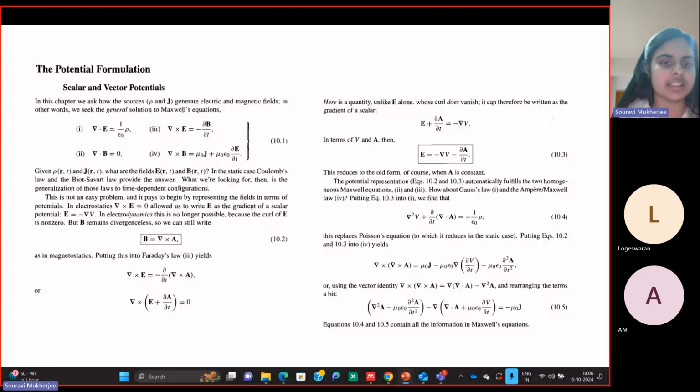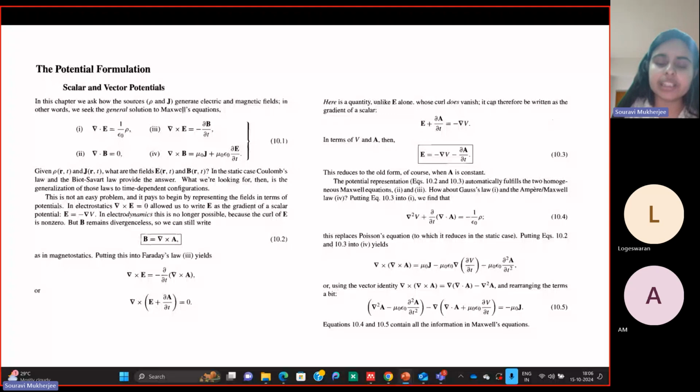One can add some scalar to it, which is just a shifting of the origin kind of thing. What matters more is how much the change is, or what the potential difference is, and that potential difference, or the gradient of V, is related to the electric field. So in the physical world, what is important to us is the field intensities and not the absolute values of the scalar and vector potentials.